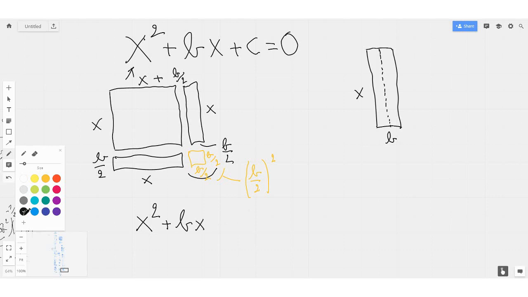If we want to complete the square, we need to add b over 2 squared plus c. But since we added a term, we also have to subtract it. So we have to say minus b over 2 squared. All right.